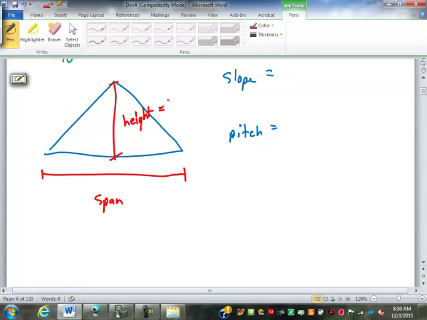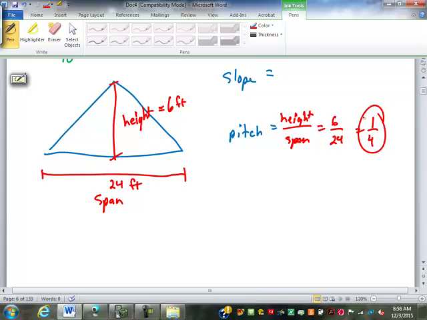Let's say that this is 6 feet high and a 24-foot span. Your pitch is height over span. 6 over 24, or a 1/4 pitch. That's your ratio. Pitch is just a ratio.